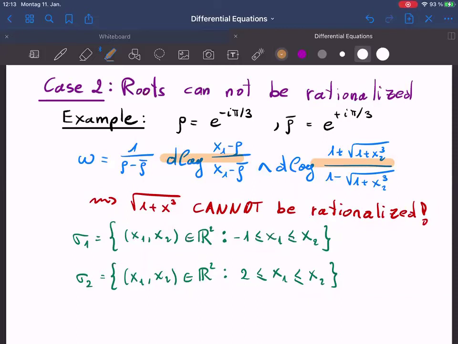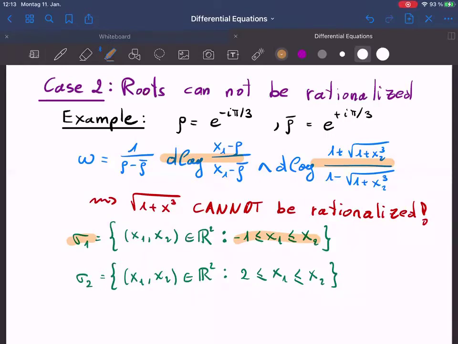And so let me integrate omega over two regions, one which I call sigma 1, which is defined by this condition. Note that that gives me an iterated integral, because I require that x1 is always less than x2.